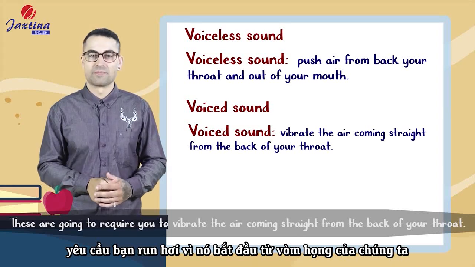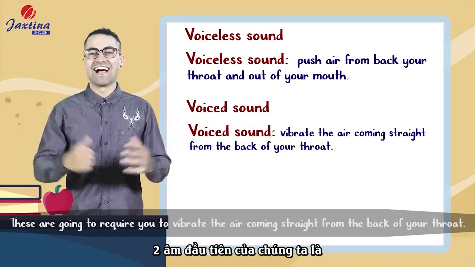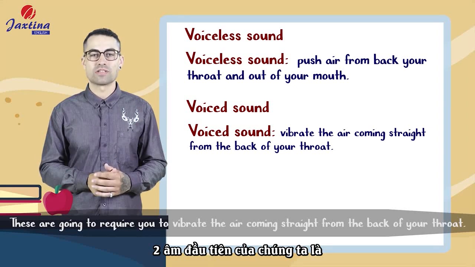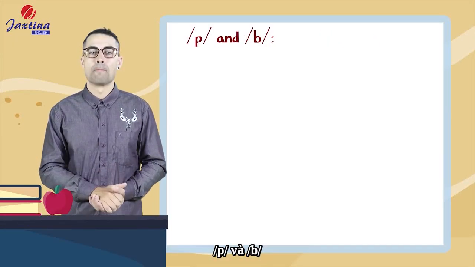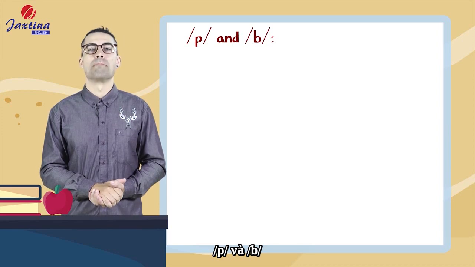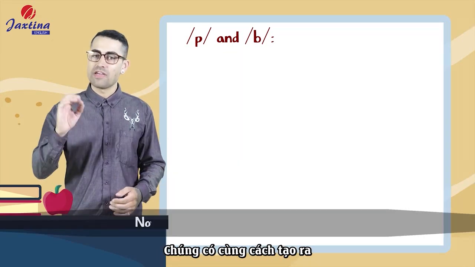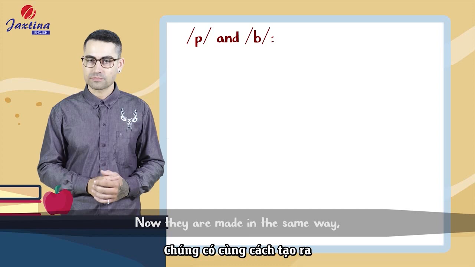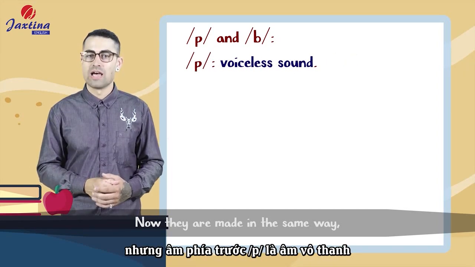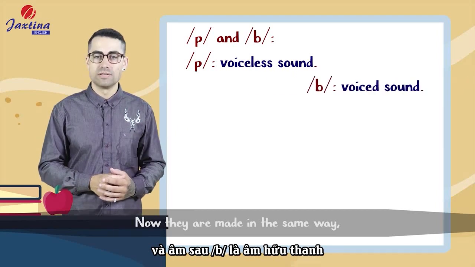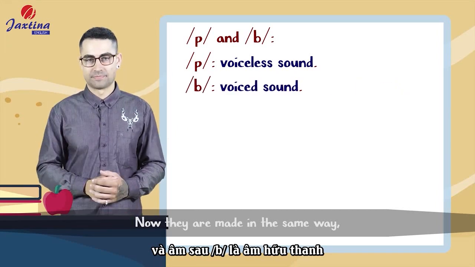Okay, so our first two consonant sounds are P and B. They are made in the same way, but P, the first one there, is voiceless, and the latter, B, is voiced.